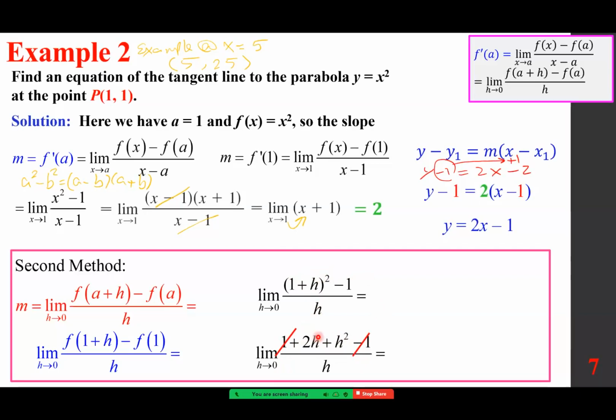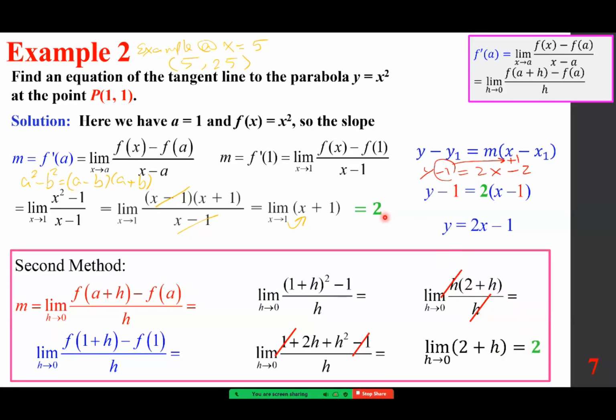Notice we can factor the h out from the numerator. We can drop the common factor of h, and all that remains is the limit of 2 plus h as h approaches 0. When you replace h with 0, you get the same 2.